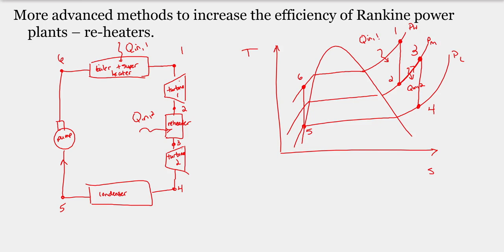And so if we go through the cycle analysis, we'll find that, again, we're increasing the average temperature of the heat addition, and we're improving the cycle performance. You also need to recognize that we now have multiple heat additions to the cycle. We would analyze these the same way we set up the equations before. So you would just have 2 heat in to the system.